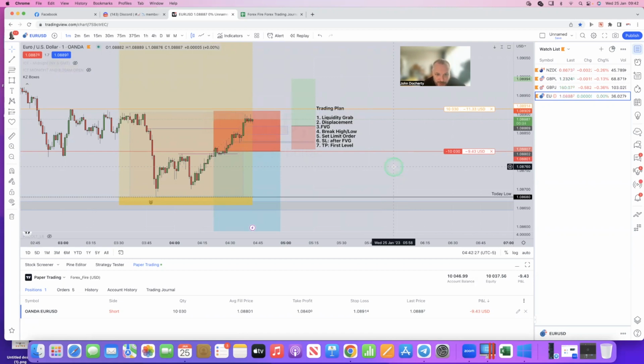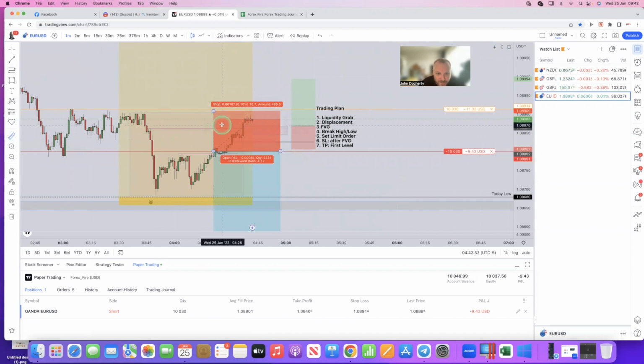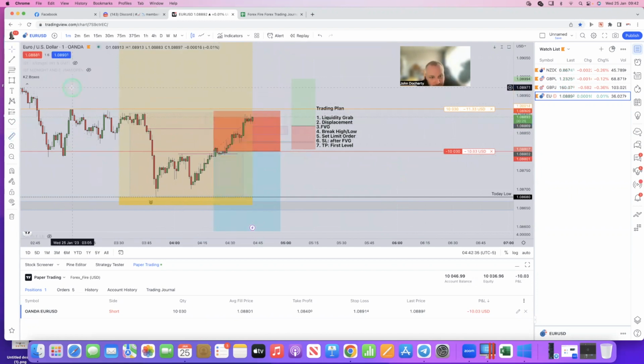It's got to give a push. From that to that, it's a 3 pip consolidation zone. There's just no moving.